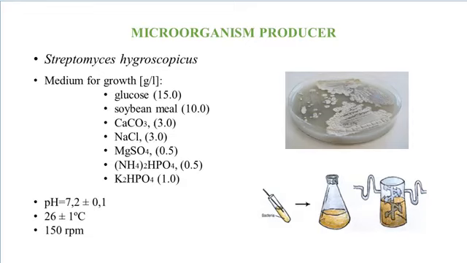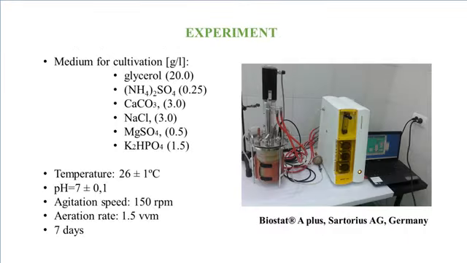The growth of Streptomyces hygroscopicus and preparation of inoculum was carried out in a rotary shaker at 150 rpm. Temperature was 26 ± 1 degrees Celsius, and the pH of the medium was 7.2.